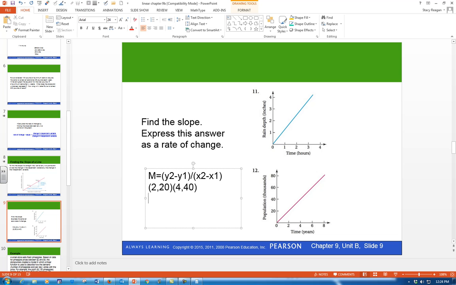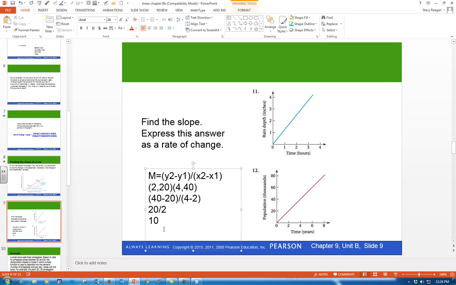My y's are the second number, so the second y would be 40 minus 20, so 40 minus 20 divided by the second x, which would be 4 minus 2. So 40 minus 20 is 20. Divided by 4 minus 2 is 2. 20 divided by 2 is 10.